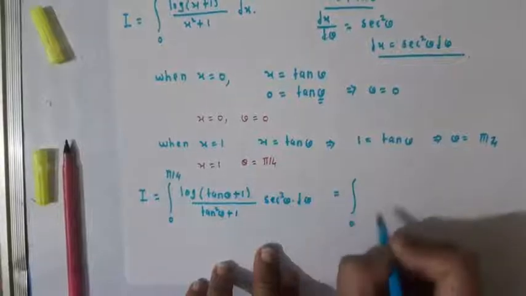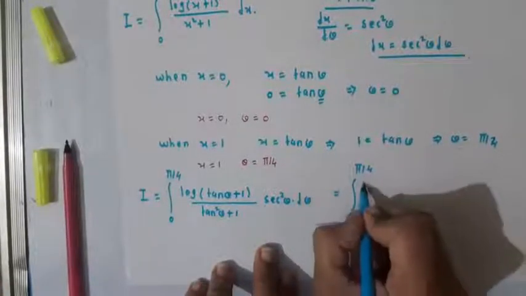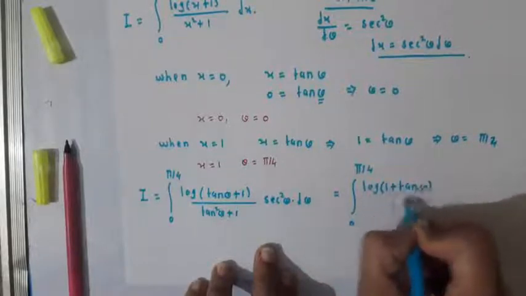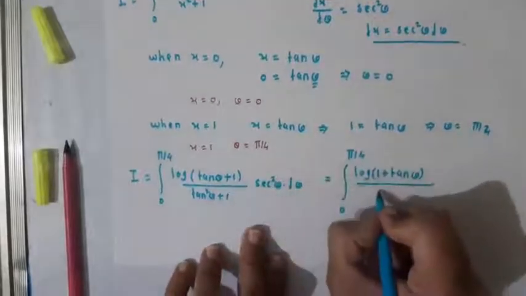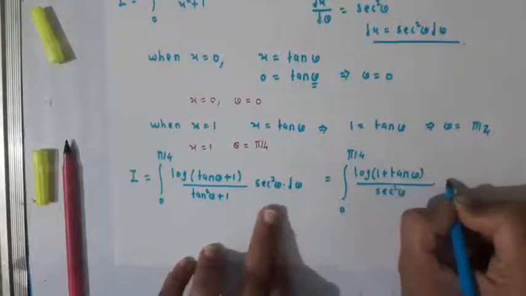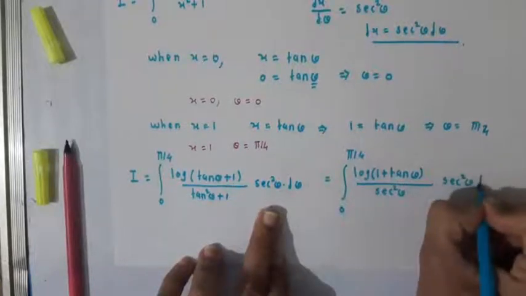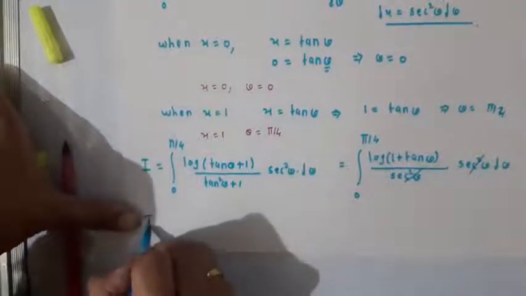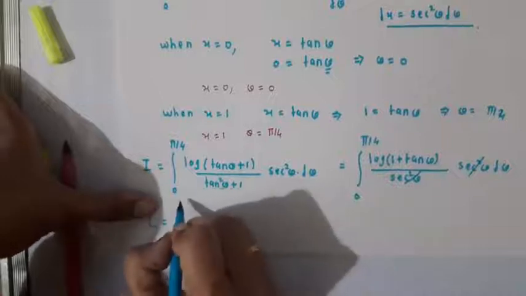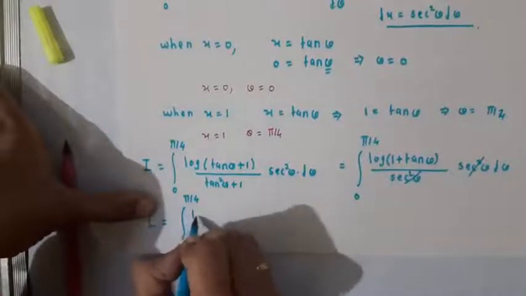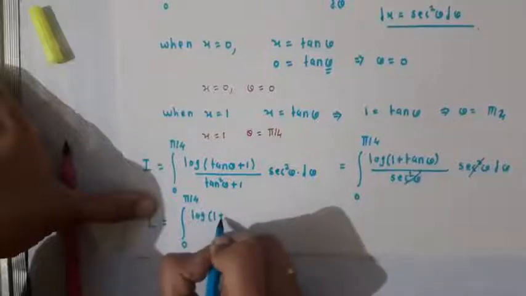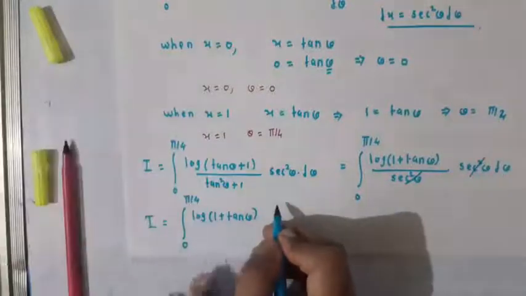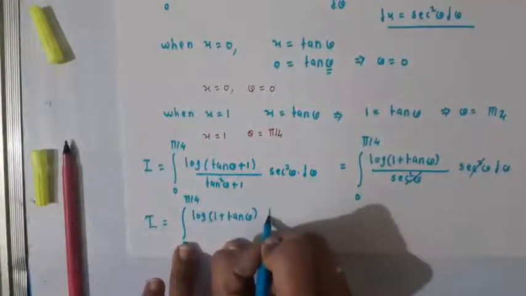This implies 0 to pi by 4 log of 1 plus tan theta, as 1 plus tan square theta equals sec square theta, and the sec square theta into sec square theta d theta gets cancelled. Here integration I equals 0 to pi by 4 log of (1 plus tan theta) with respect to theta.